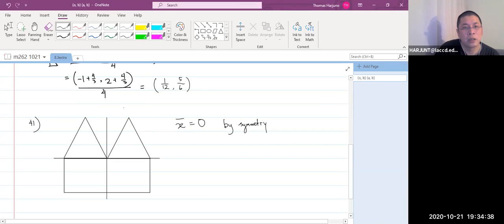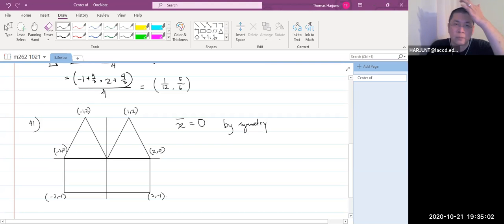This is 1, 2. This is 2, 0. This is negative 1, 2. This is negative 2, 0. This is negative 2, negative 1. This is 2, negative 1. Yeah, the x bar of the center of mass will be 0.